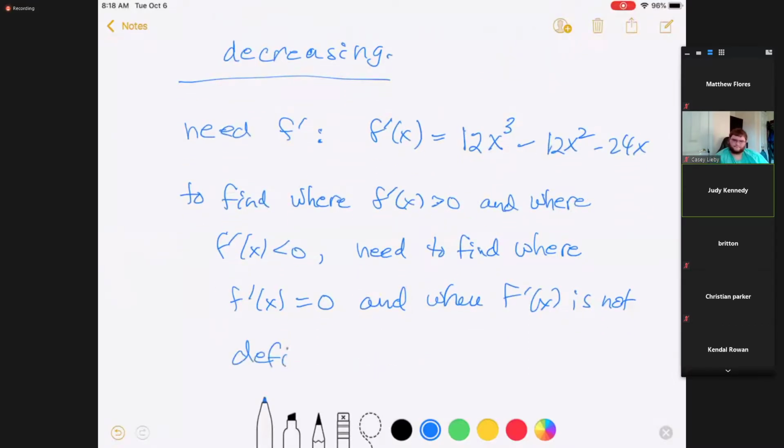You need to know those things because the places where it's equal to 0 or not defined are the only places where it can go from being positive to negative or vice versa.